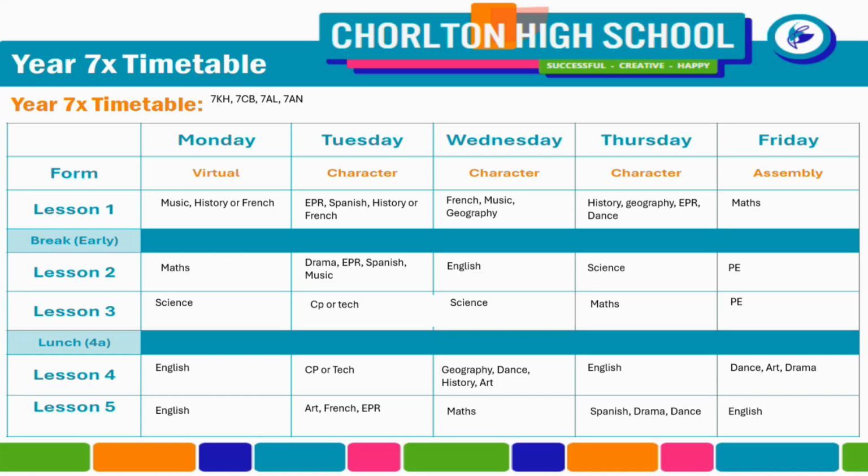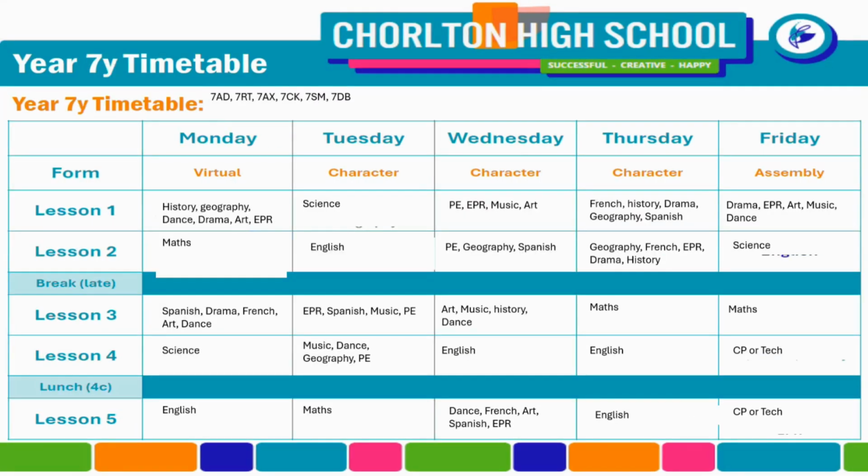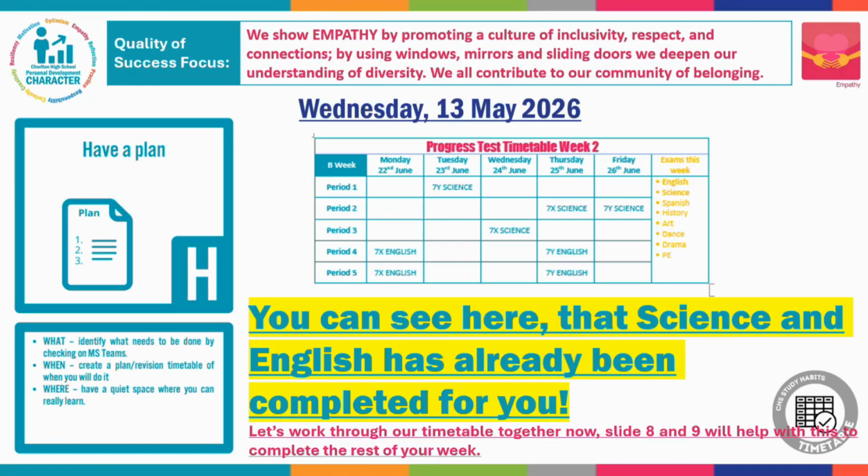You need to know when do you have French in that week, and put it in there. If you are in 7Y, French kind of changes. So French might be in Thursday period 1 or Thursday period 2. It could be in Wednesday period 5. So you need to work out when your French lesson is and put that into your week 1 timetable.